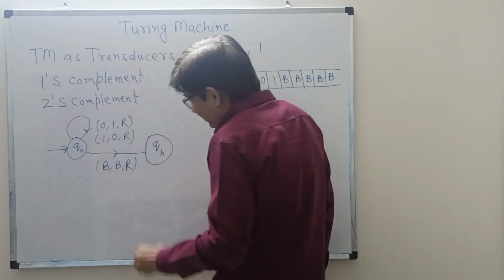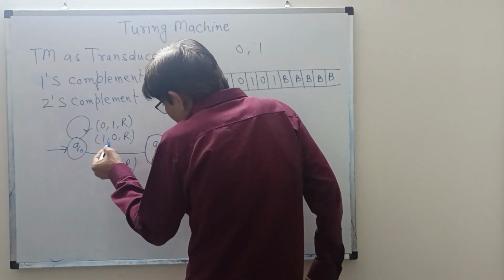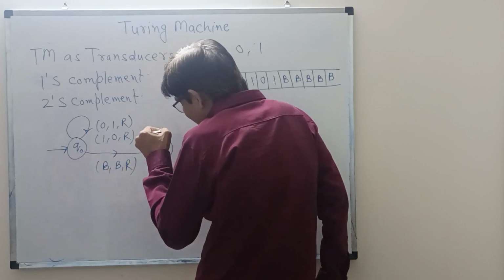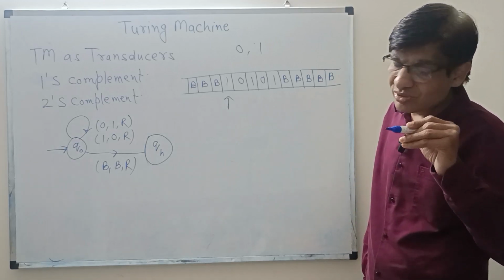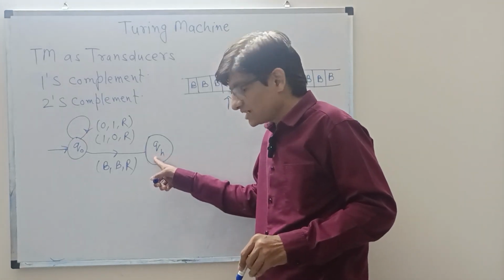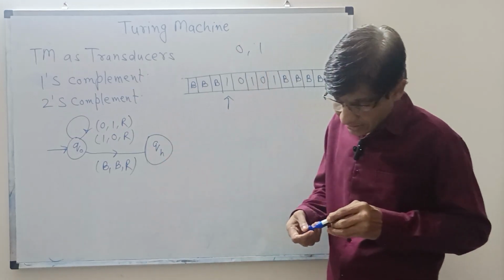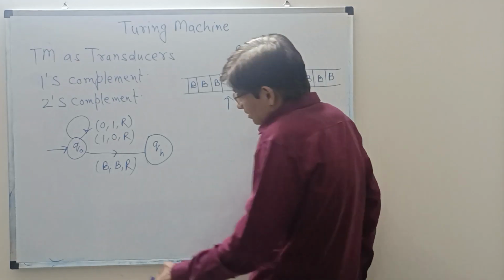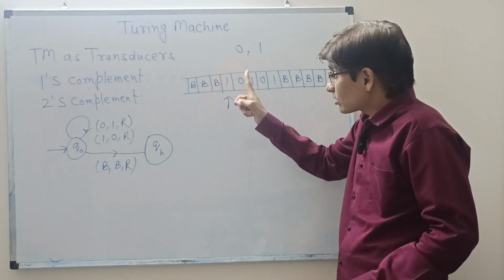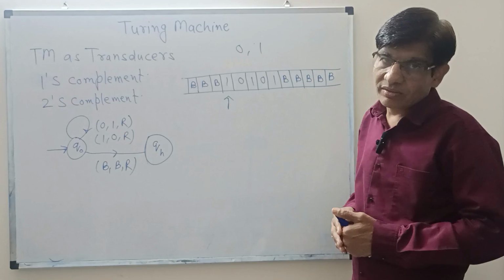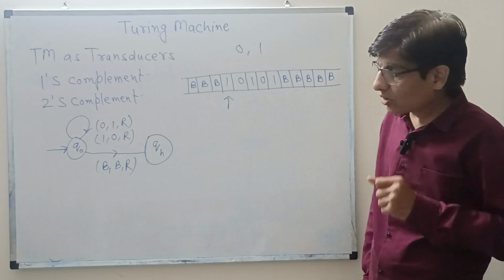Whatever you want, you can mention here. But on getting blank on q0, you will move to the state known as Q halt, and when your machine reaches this state, it will automatically halt. So this is the Turing machine for calculating one's complement of a given binary number. I hope, friends, it is very clear to all of you.